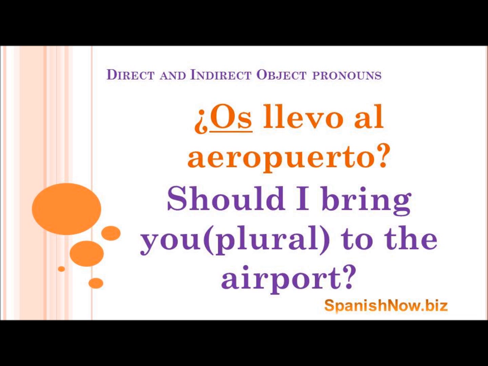Okay, now we get to the second person plural, the vosotros form. I need to let you know right here that the vosotros form is not used in the Western Hemisphere. For example, countries like Mexico, Guatemala, Peru, they do not speak with the vosotros form.